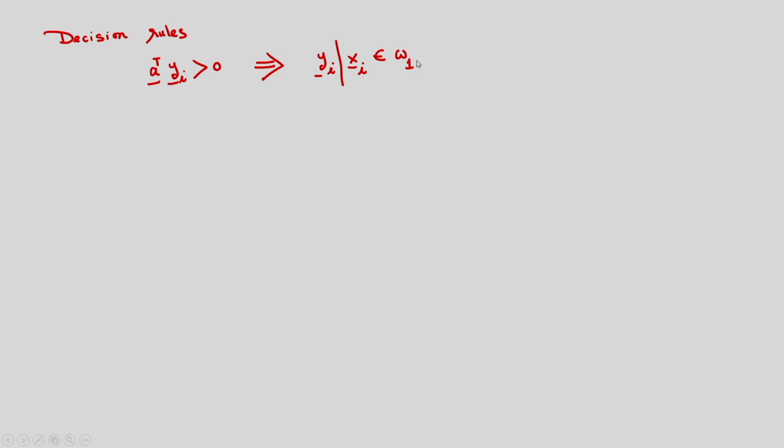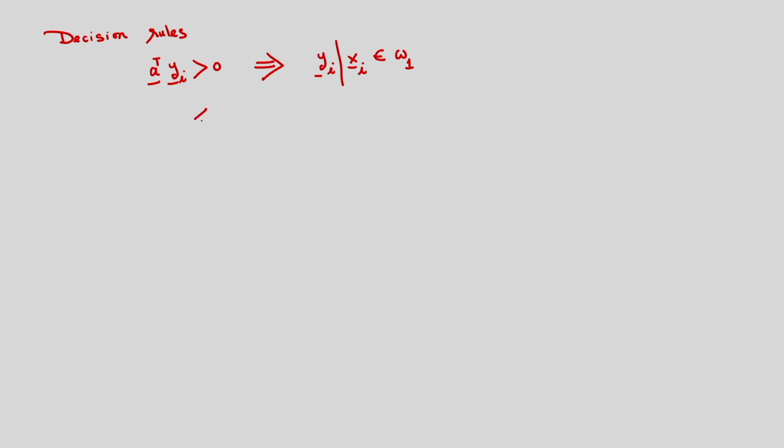So I am repeating this. If the condition A transpose yi is greater than 0 holds, where yi is the modified feature vector and xi is the corresponding original feature vector, then xi belongs to omega 1.